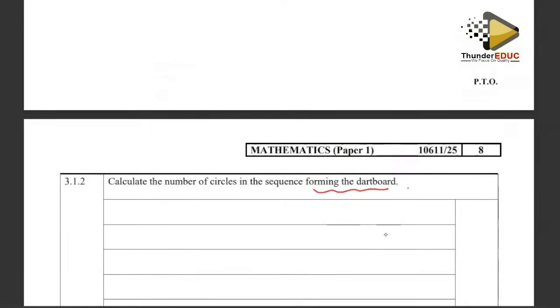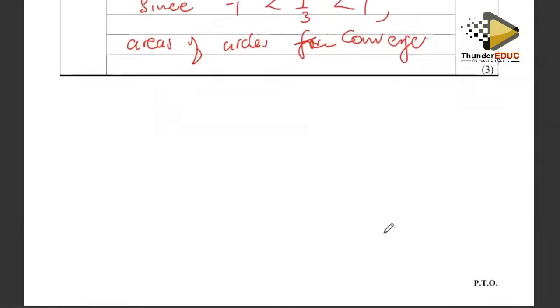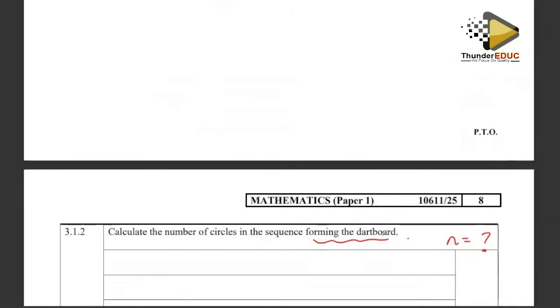So for me to get the number of circles, the question is more or less asking for n. But they gave us the radius of the last circle, meaning that the radius is 2/3 of a centimeter.